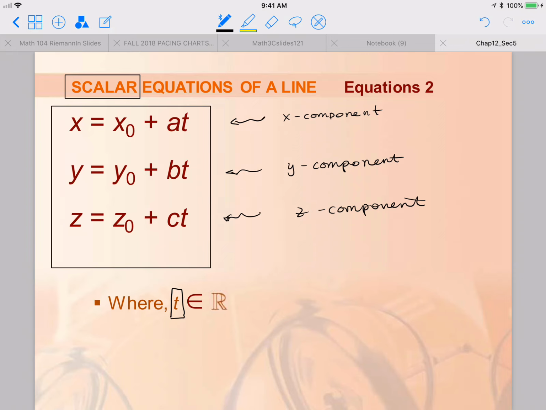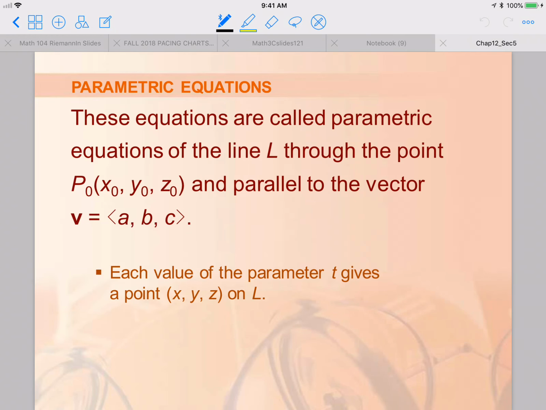Okay, all right. So again, these are scalar equations, and we just did a proof that shows they are equivalent to the vector equation. Now, these scalar equations are called parametric equations as well, because the equations are all connected via the parameter t.